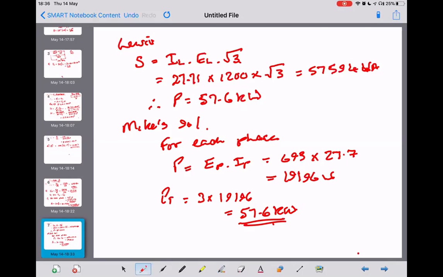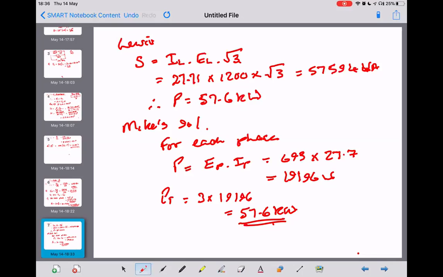All right? Thank you, Luke. You're not being asked to do it in any particular way, so it doesn't matter how you get there, as long as you do. Okay? Then part C, that was part C. Part D, the current flowing in the neutral if one load is changed to 15 ohms.